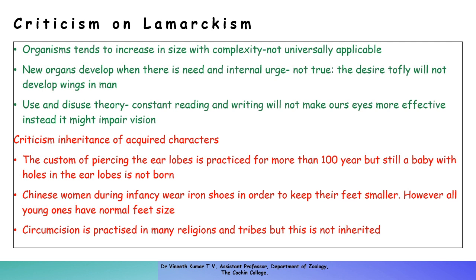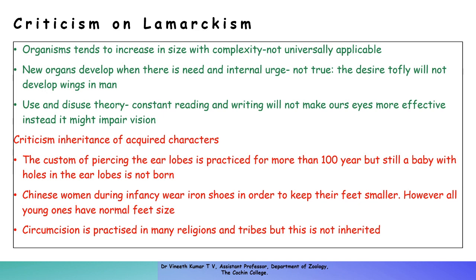Another one is circumcision, which is practiced by many religions and many tribal groups, both for men and women. They have different types of circumcision, practiced on a religious basis, on a tribal basis, etc. And this circumcision is also a change happening in the lifetime, and that is not being inherited to date.